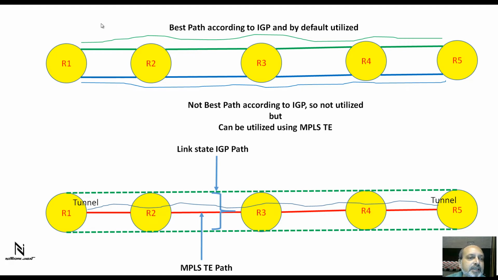Now, if it sees that this green path passes through R1, R2, R4 and R5, not touching R3, whereas this blue path touches all 5 routers, then definitely the green path has fewer hops. So it will prefer that path with fewer hops.